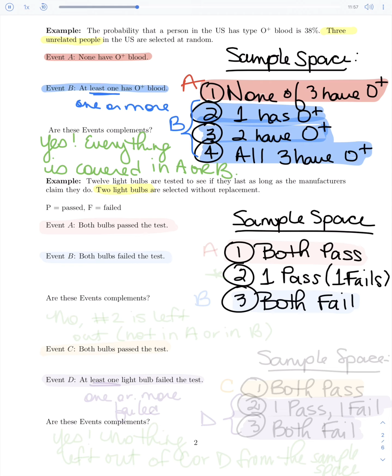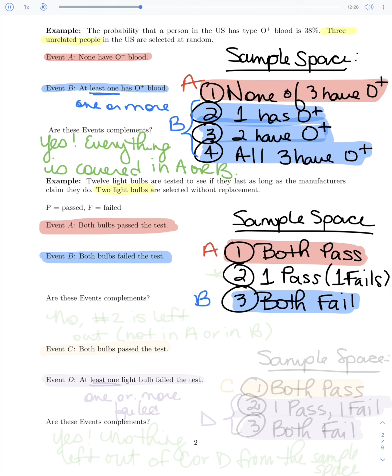So if we look at event A on this first one, event A is that both bulbs pass the test. That is only option 1 on our sample space, or possibility number 1. That is that both pass. Notice event B, however, is that both bulbs fail the test. That is just number 3. So the question is, are these 2 events complements?